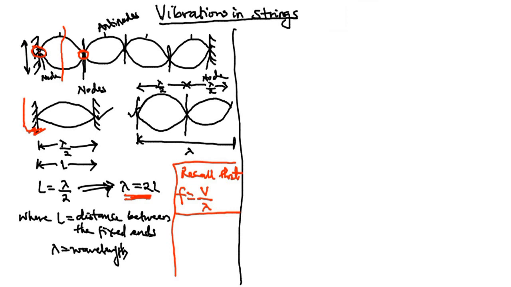Instead of lambda, I can now put in 2L, so that we will have F is equal to V over 2L.